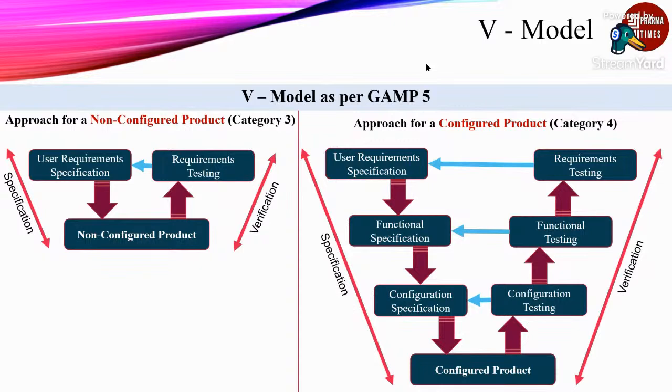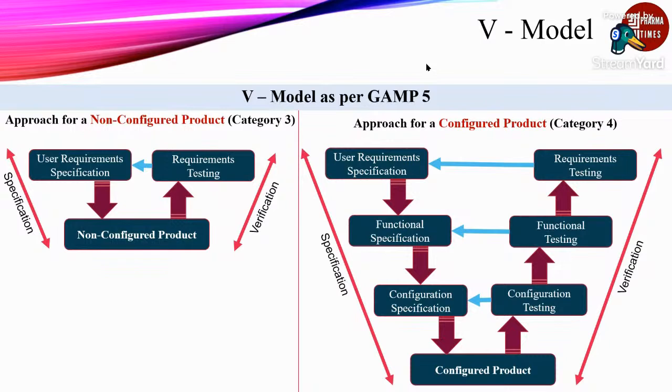So based on our requirement, we select one of the functionalities in the system, and we check whether our requirement is met or not. So it is a simple V model which is used for non-configured products, meaning category 3 of software category as per GAMP 5. So as per GAMP 5, software category 4 means configured product.